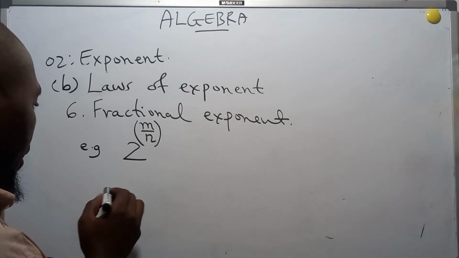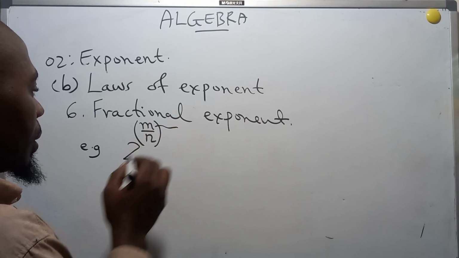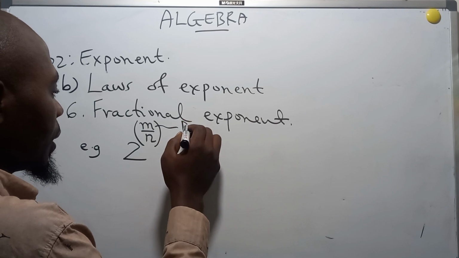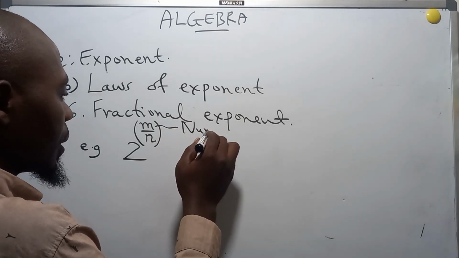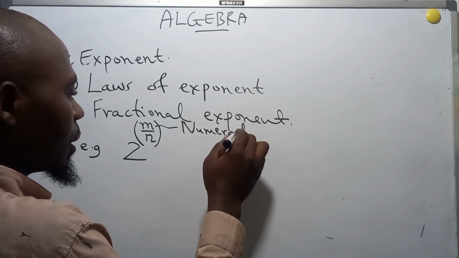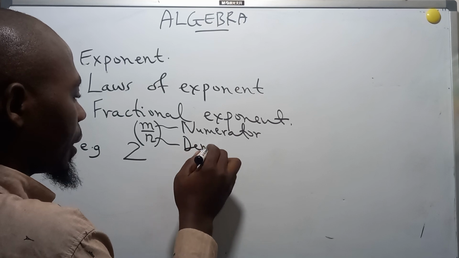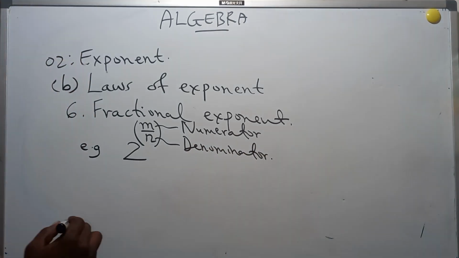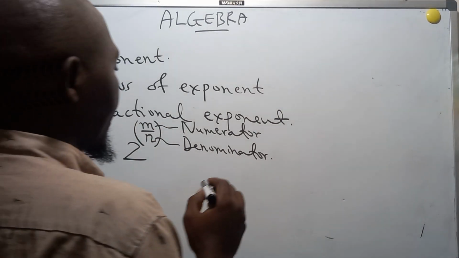No, m is the numerator of this fraction, and n is the denominator of this fraction, m over n.